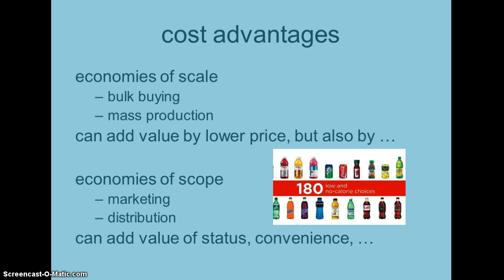If you produce things in large volumes, you can streamline the process, be more efficient, and that will lead to cost advantages. And again, relating costs to, of course, our key thing, the value proposition. If we have lower costs, that means it can add value by lowering the price of our product, but it can also do other things.